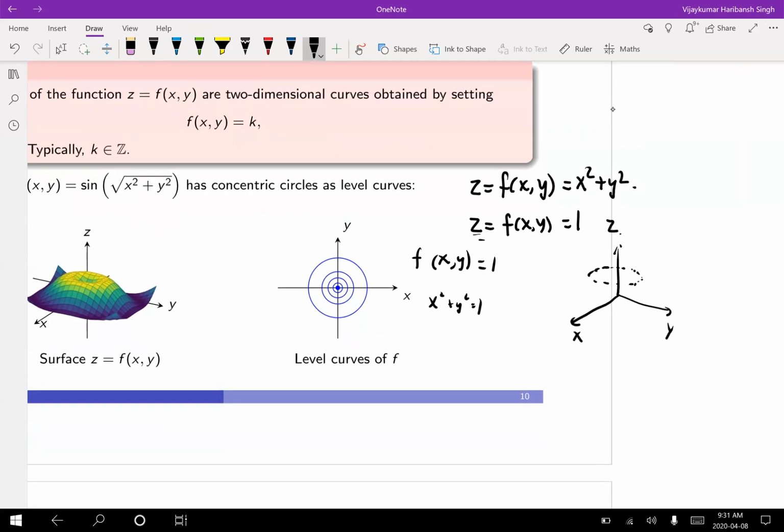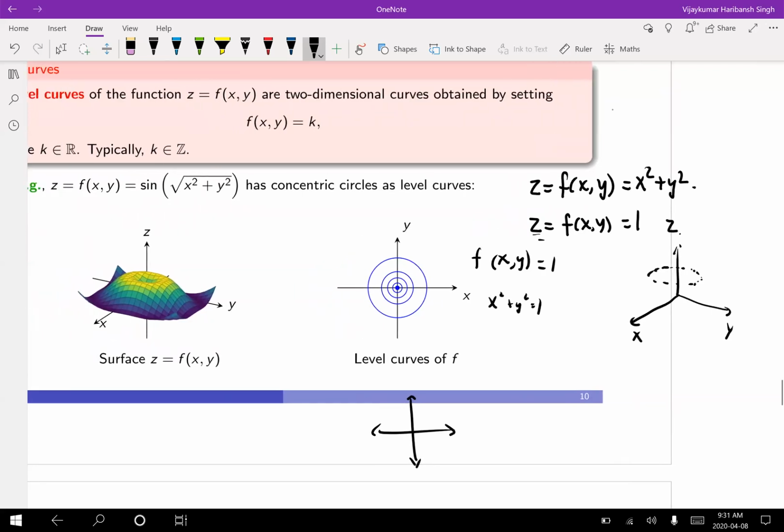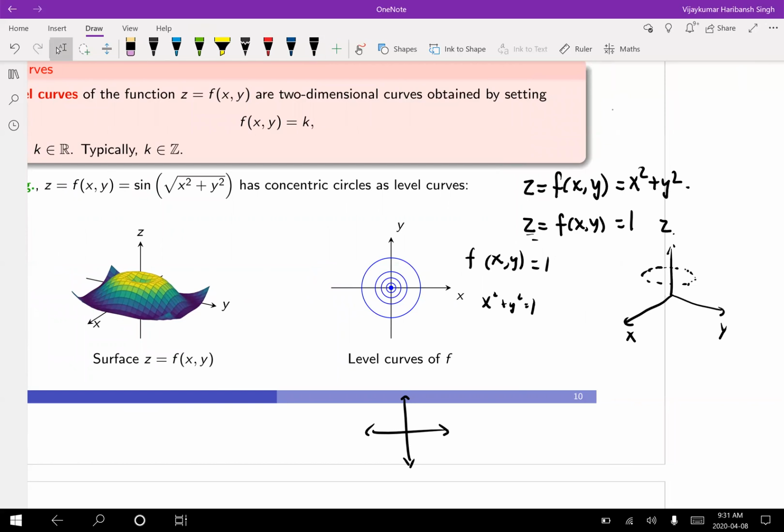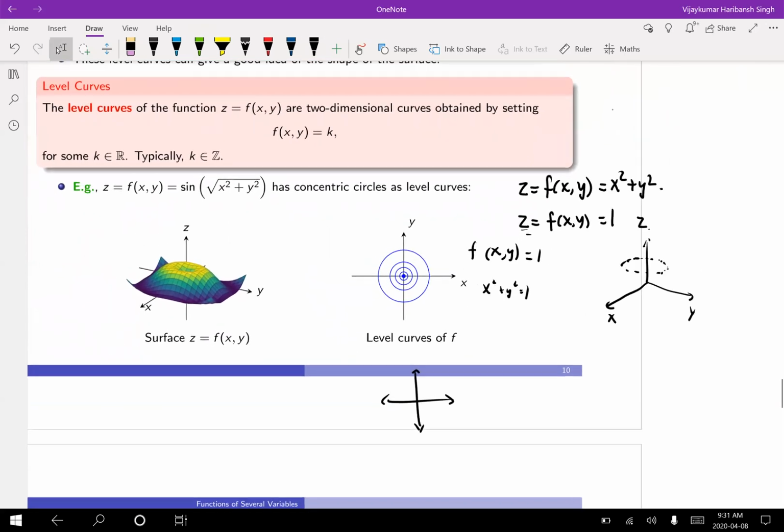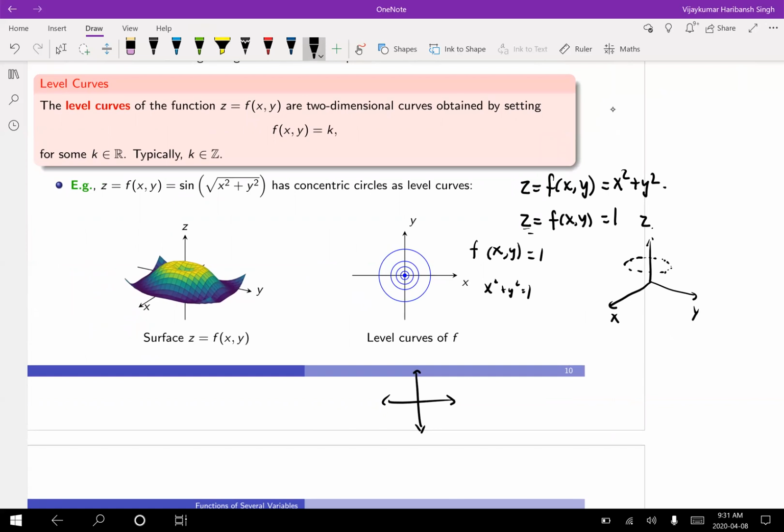The level curve is what you get in the xy plane, where you are finding all values of x and y such that f of xy equals 1. This will be the level curve corresponding to k equals 1.